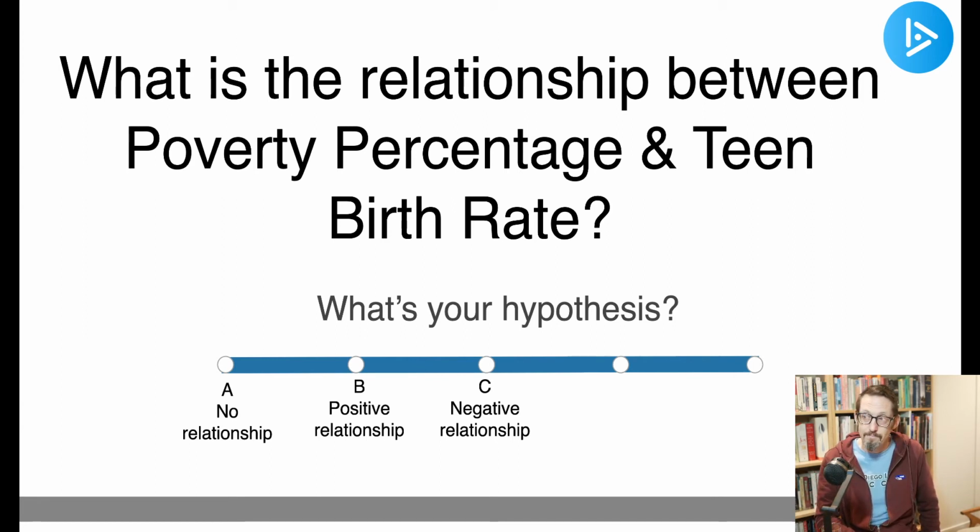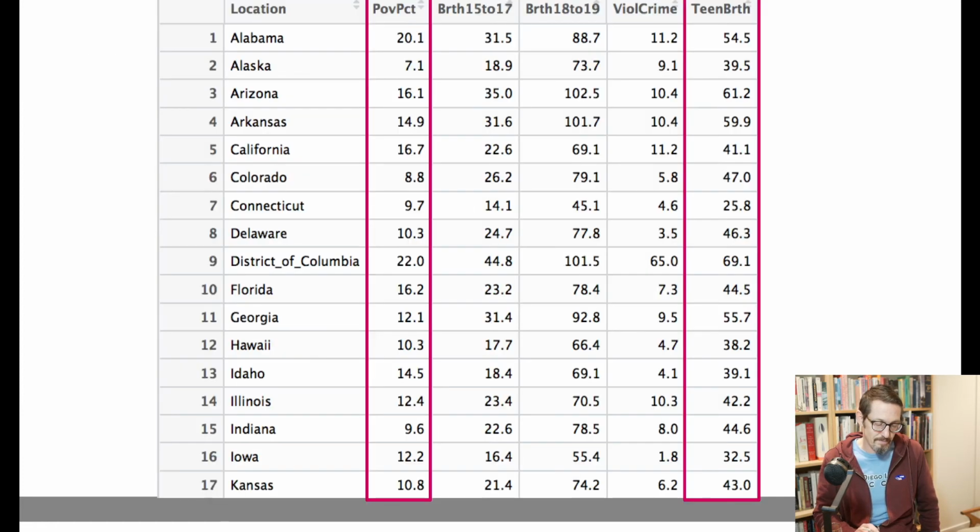Have a think. Well, here's some data. Let's take a look at it. So we can see here the percent poverty in a state and its birth rate in teen births per 100,000.